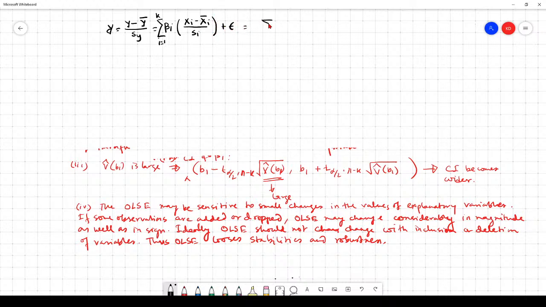I denote this by beta i capital Xi plus epsilon i.